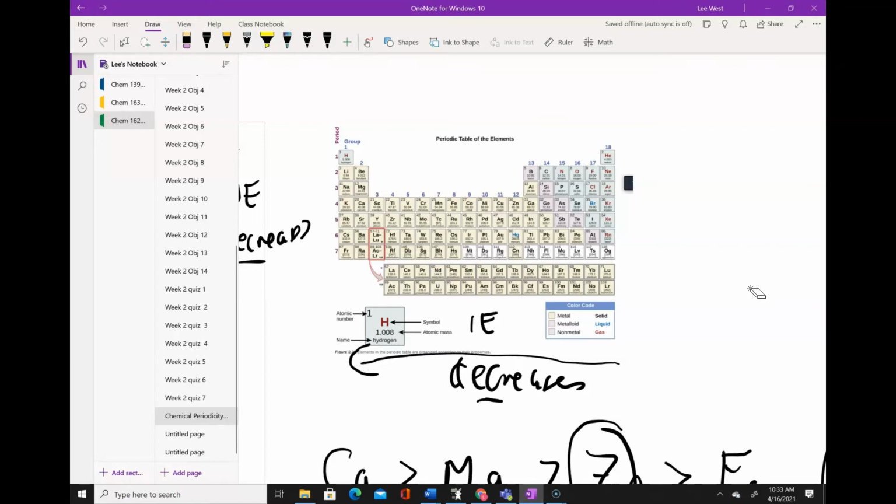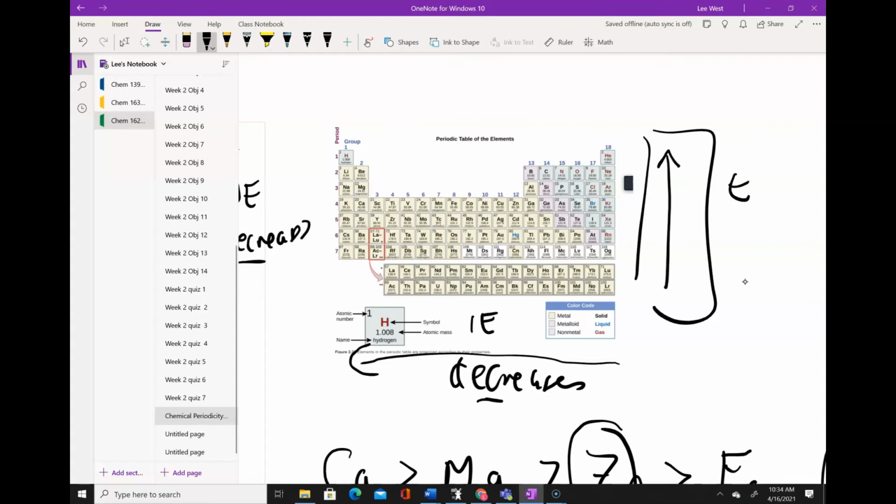And what we know is that both of those things increase as we go up a group. So we might expect that the tendency to gain electrons increases as we go up a group, and that reactivity increases in a similar way, because electronegativity and electron affinity, both measures of the tendency to gain electrons, increase as we go up a group.